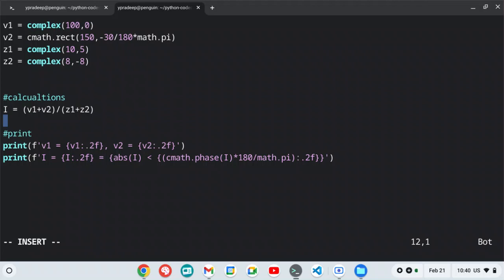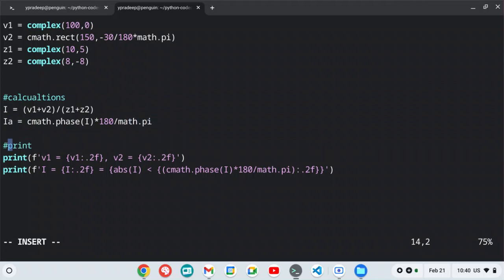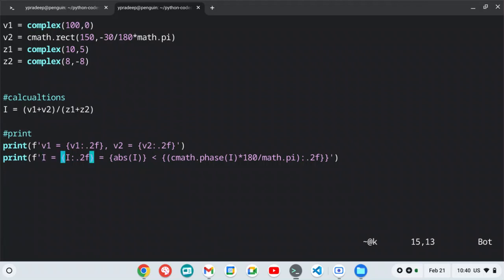So IA is the angle of I, cmath dot phase of I into 180 divided by math dot pi. At least this should work, right? So then I will come here. Sorry, I forgot the closing bracket there. This may not be needed. How about now? One last thing, I have to remove this. Is this correct now?